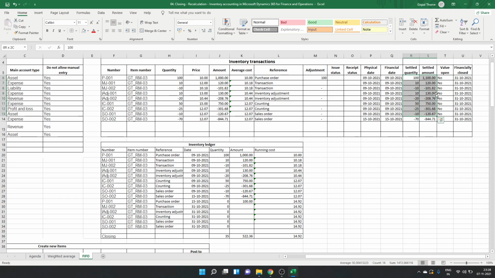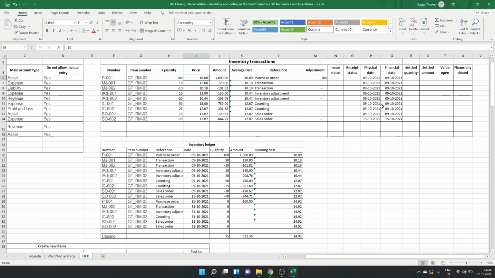I will remove all these fields right now. As I said, my first inward transaction is at the rate of 11 rupees per piece. My first issue transaction is 10 quantity. So the cost for this 10 quantity should be posted at the rate of 11, because my first inward transaction is 11 rupees per piece.